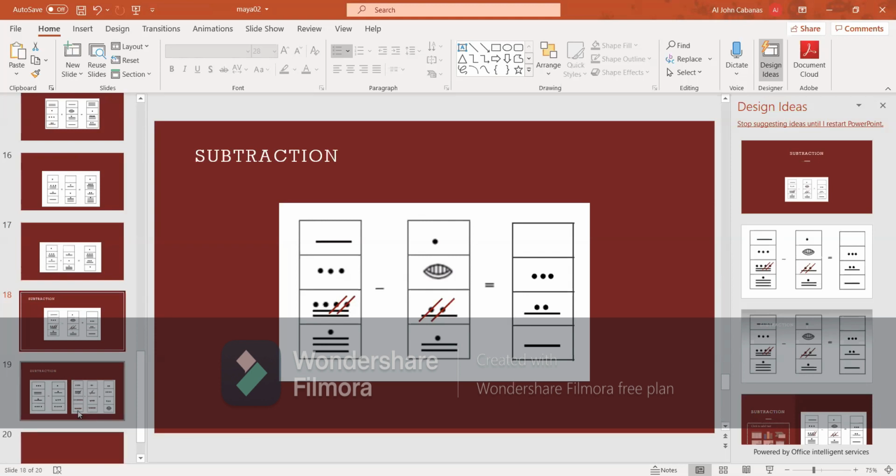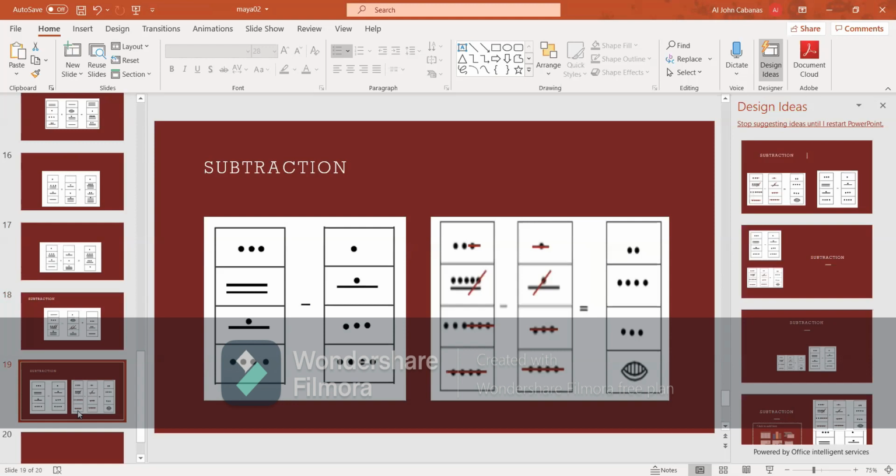Okay? All right. Next, subtraction. 4 dots minus 4 dots is equal to 0, di ba? Kasi cancel natin sila lahat. So, ang sagot natin pag 0 ay itong 0 figure sa Mayan. And then, 1 bar, 1 dot, minus 3 dots.